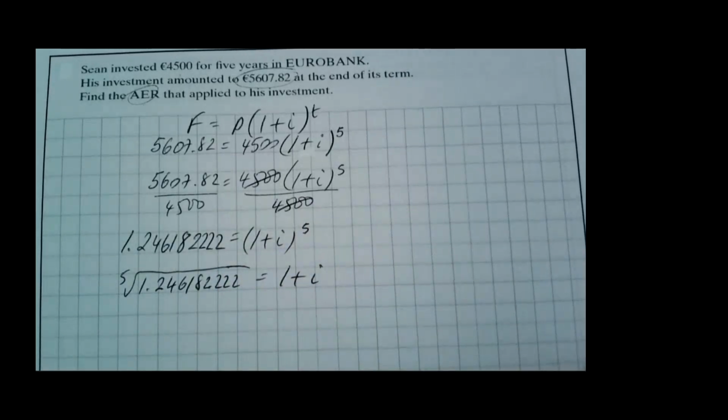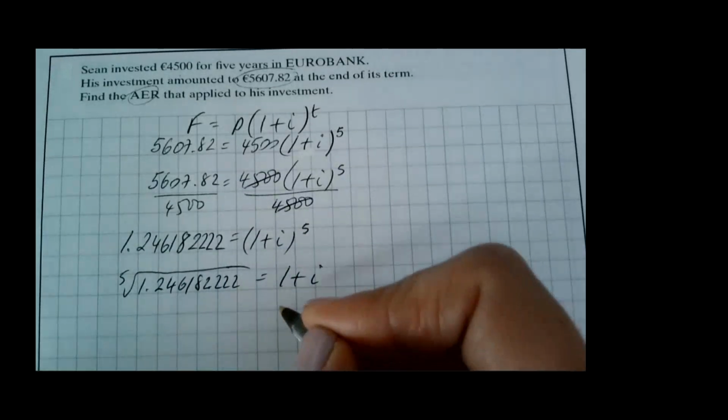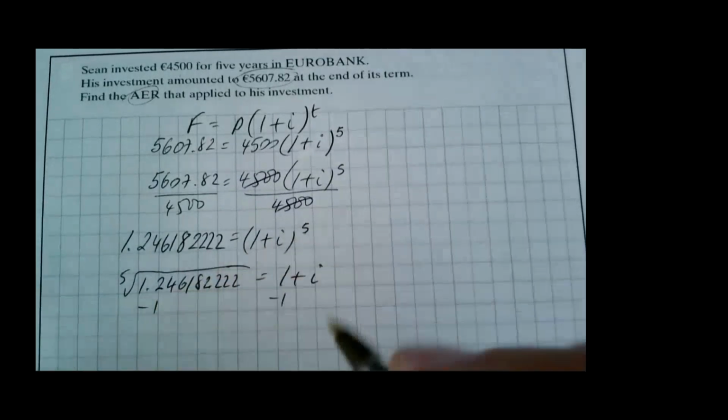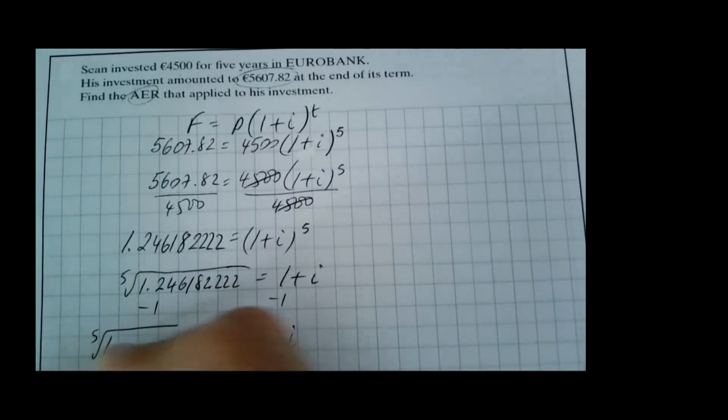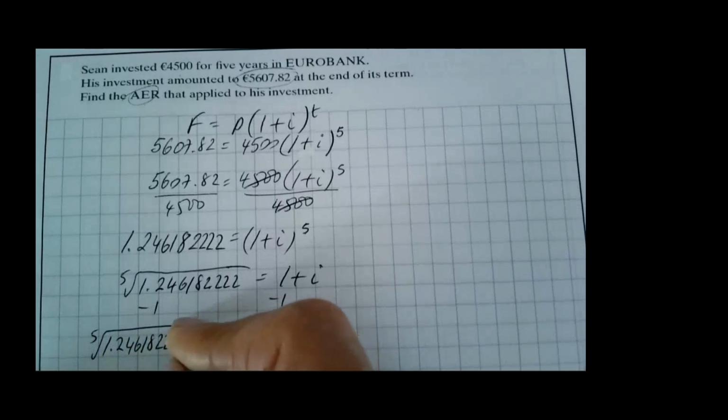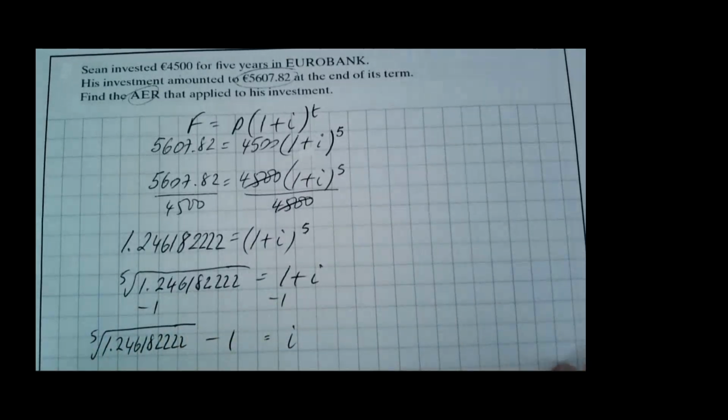That'll leave you with 1 plus I. And of course, we'll take away 1 from both sides. So on my calculator, I'm doing the 5th root of that, take away 1.